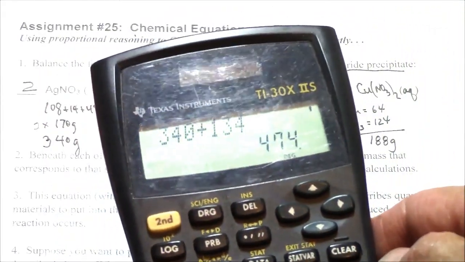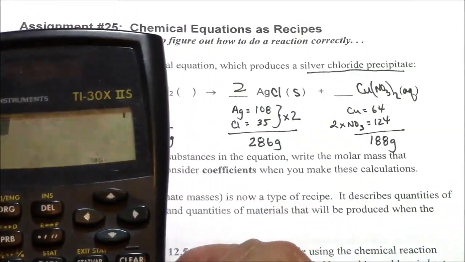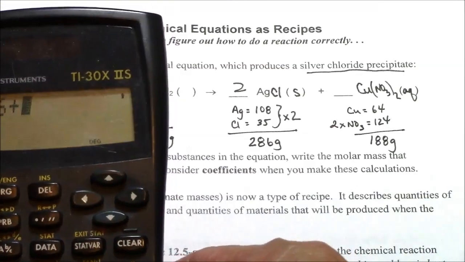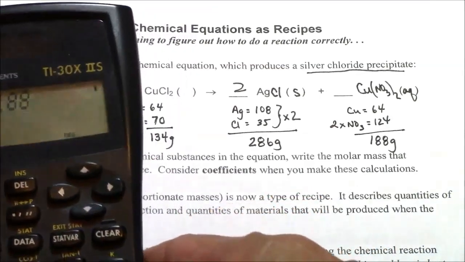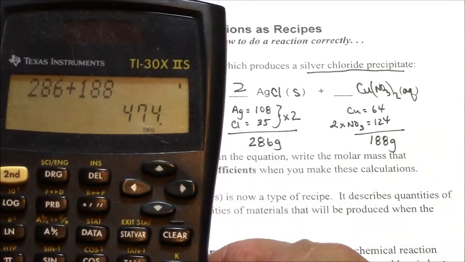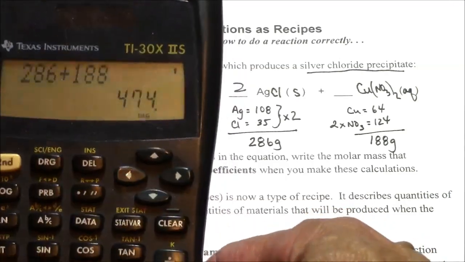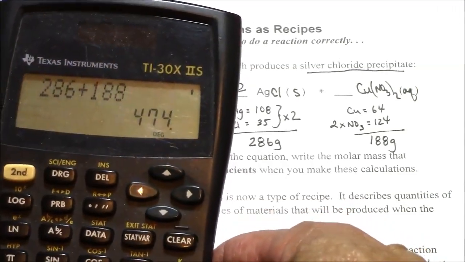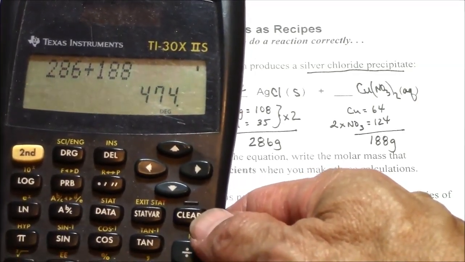That will equal the total on the right, 286 plus 188, which is 474. So the total on the left side of the equation will equal the total on the right side of the equation. This is a general truth. This is called the conservation of mass in chemical equations.